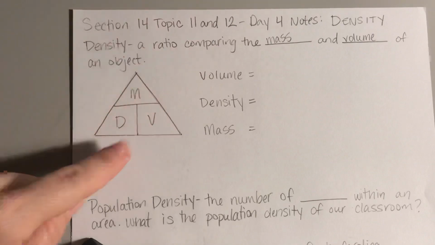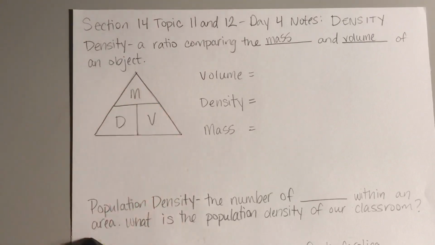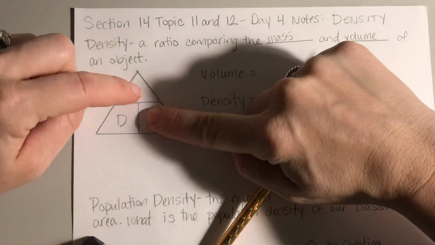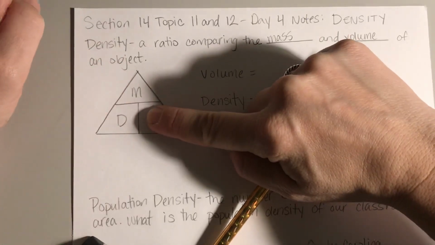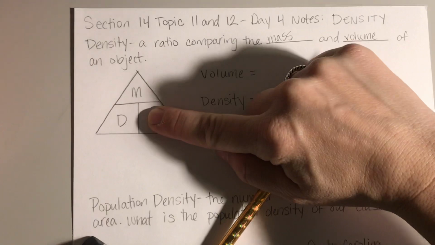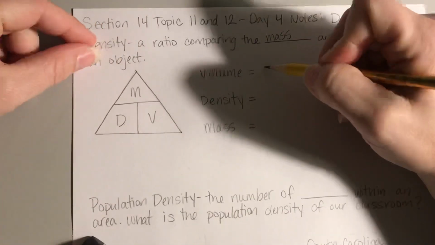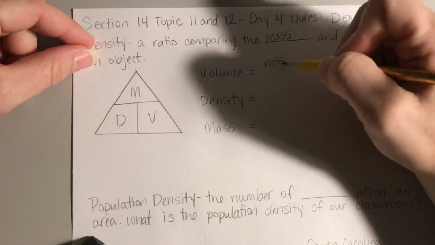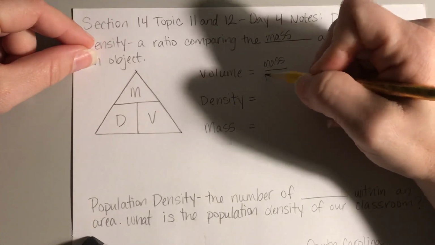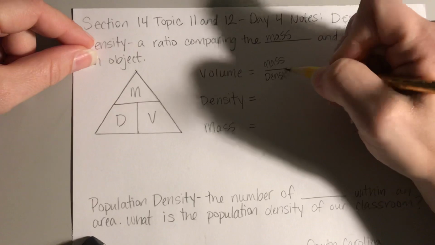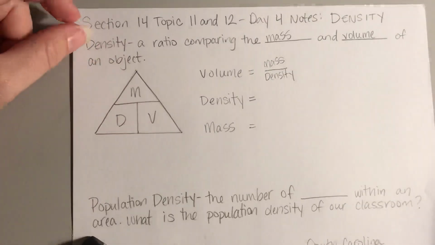If you want to find the volume, cover that up. What is left? We have the mass over the density. So when we talk about a variable being over another variable, that is division. So mass divided by density.